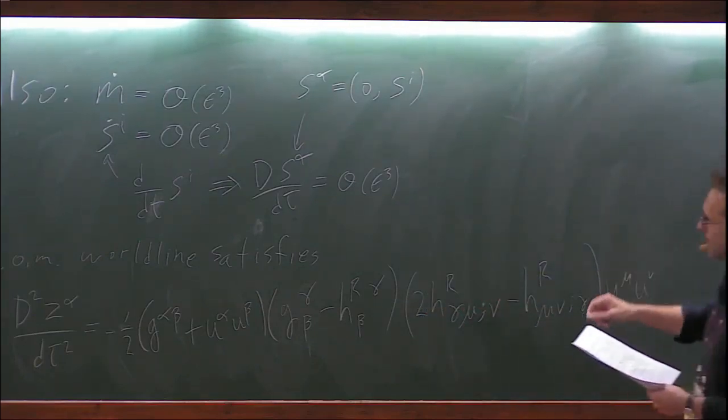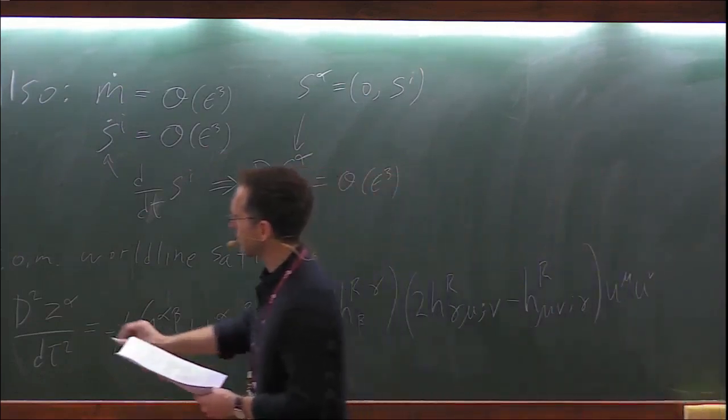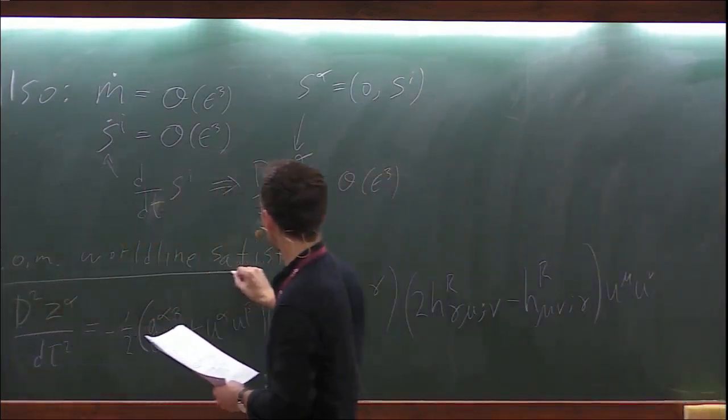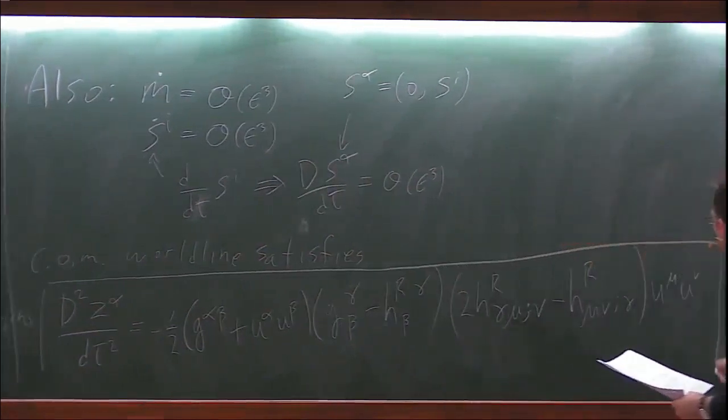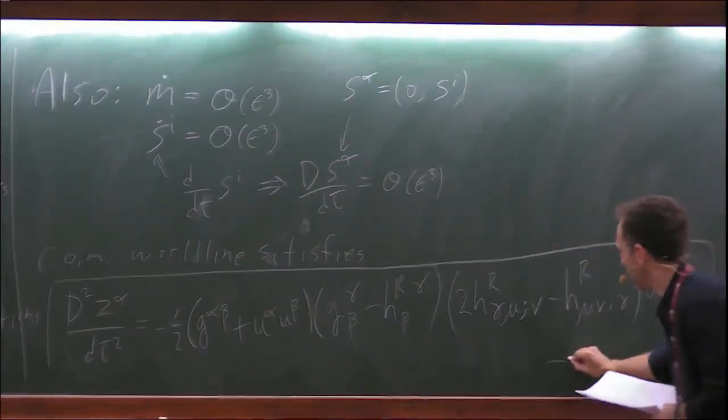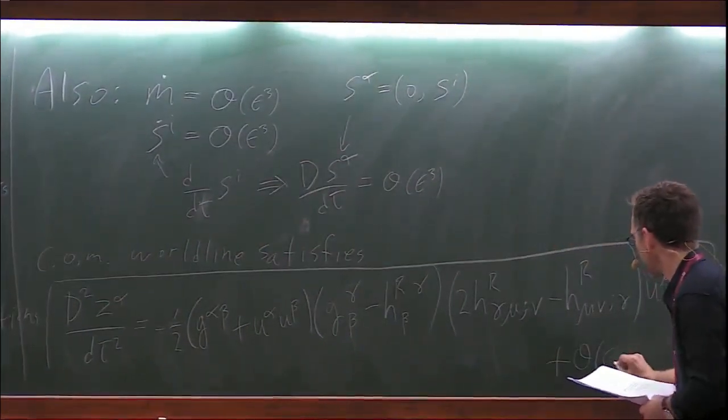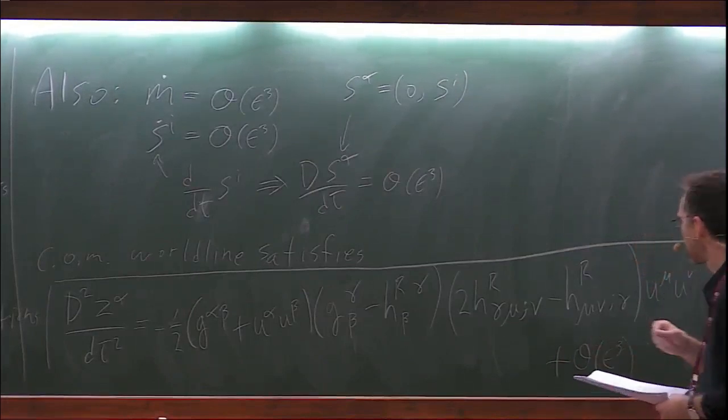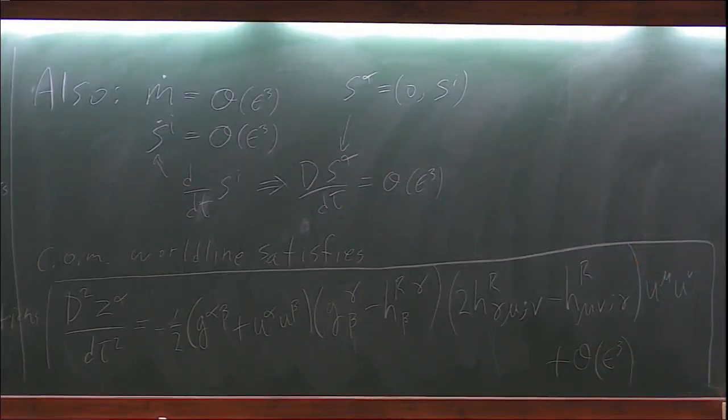And that's because this equation, at second order, so this is the second order equation of motion, for this equation, when I derived it, I specialized to a non-spinning spherical small object.